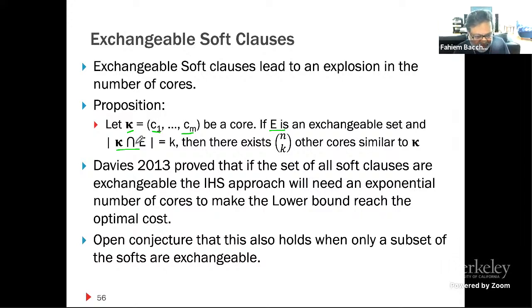And in Davies' thesis, what she proved is that if you have a formula where the entire set of soft clauses are exchangeable, then the implicit hidden set approach will require an exponential number of cores to make the lower bound reach the optimal cost. My conjecture is that this holds also when you have only a subset of soft clauses that are exchangeable, but I haven't yet been able to prove that.